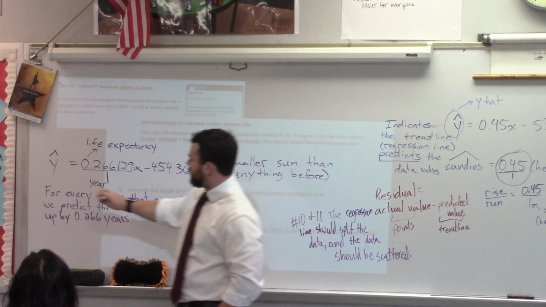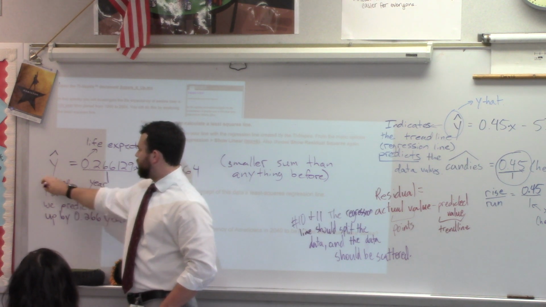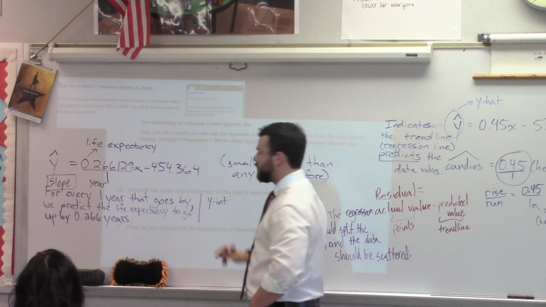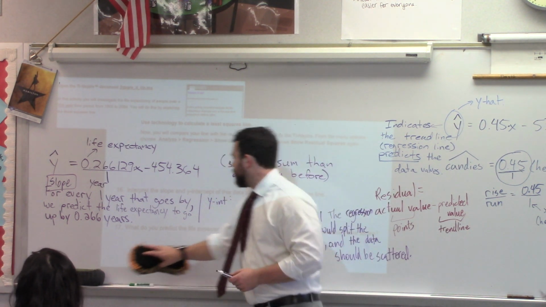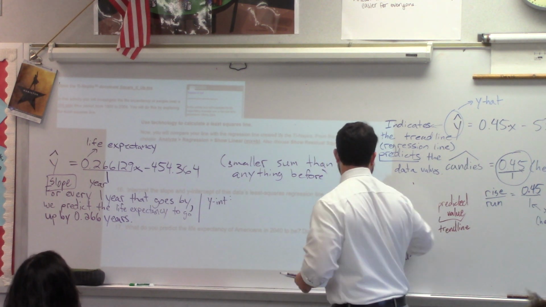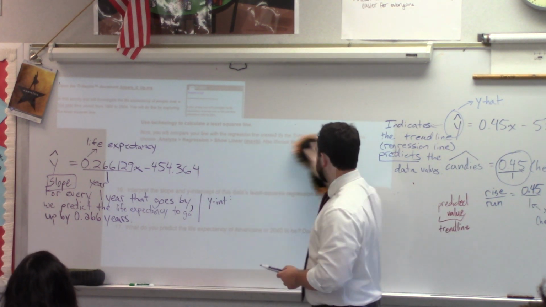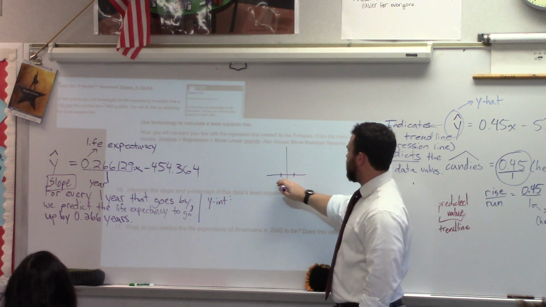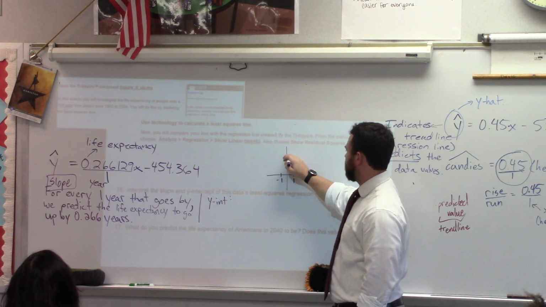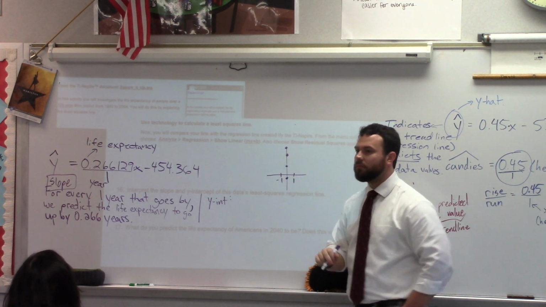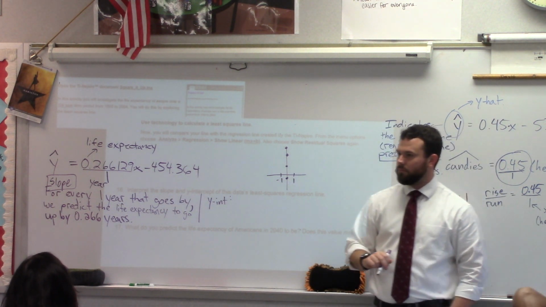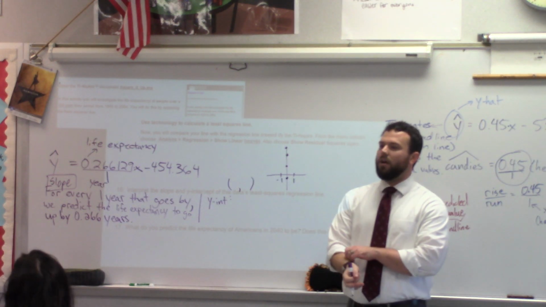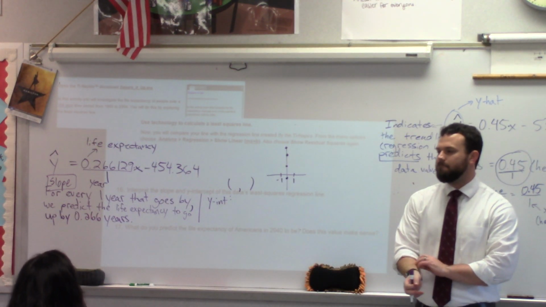That's my slope. What about the y-intercept? What is a y-intercept? Where the line crosses the y-axis. So what do we know about every point on the y-axis? I know one of the numbers for the y-intercept every time.